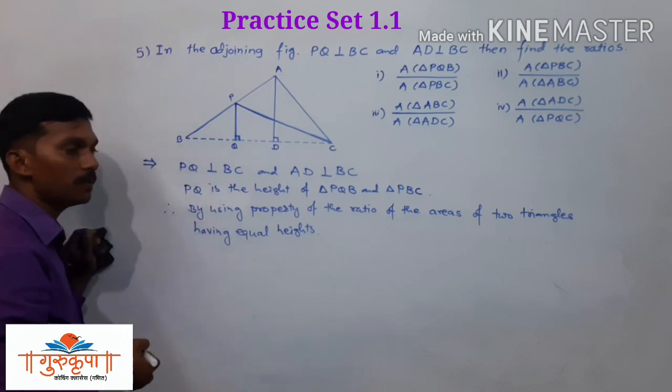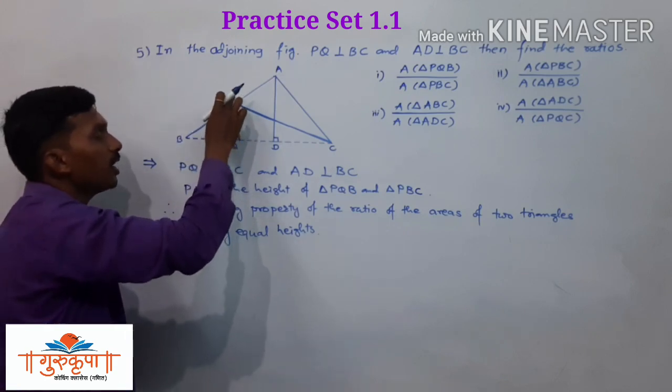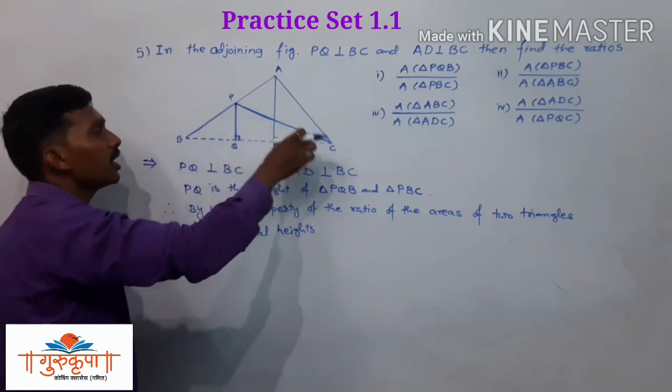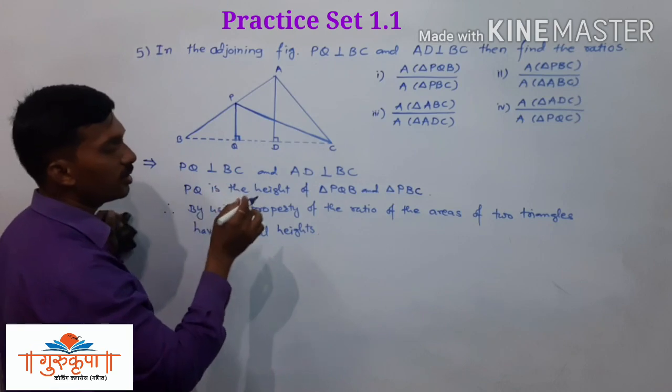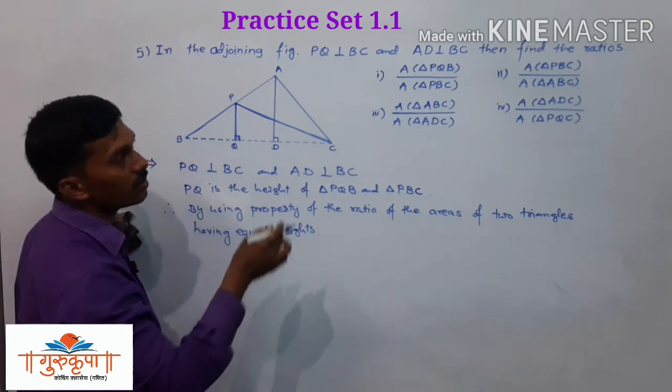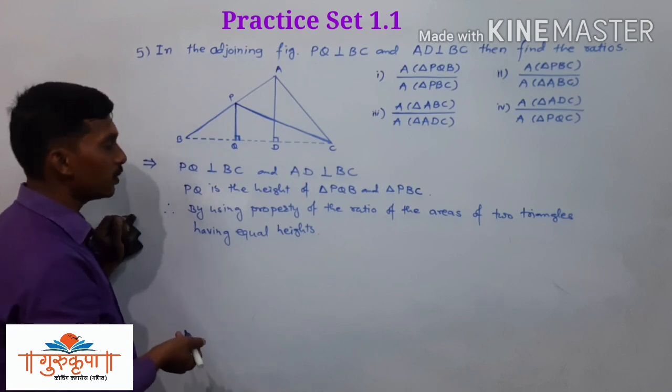Since the heights of both the triangles are equal, PQ is the height of triangle PQB and the same segment PQ is the height of triangle PBC. Since their heights are equal, the ratio of the areas of those two triangles is equal to the ratio of their corresponding bases.